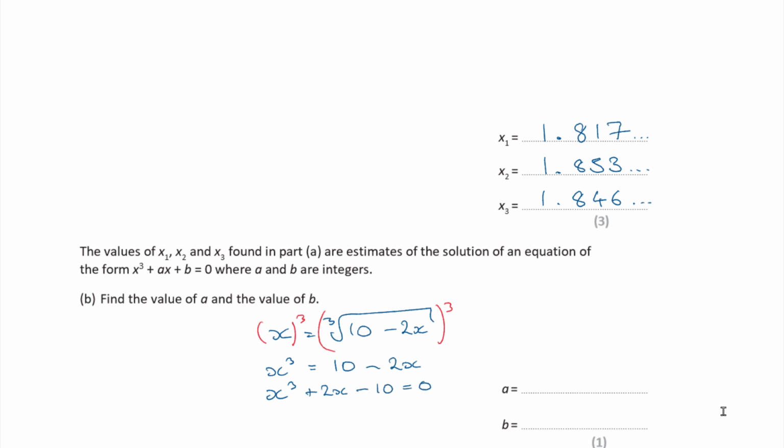So comparing that with what I've got up there, a is going to be the coefficient of x here, which is 2, and b is going to be the constant on the end, which is negative 10. So a is 2 and b is negative 10.